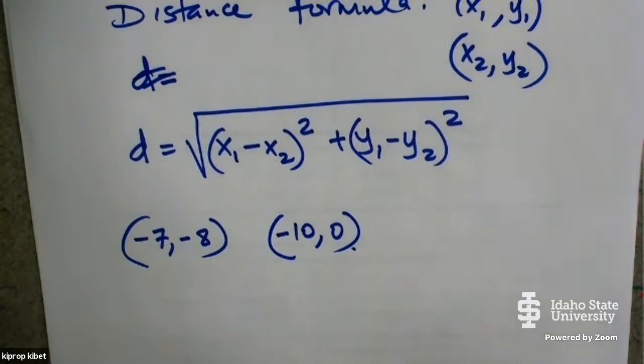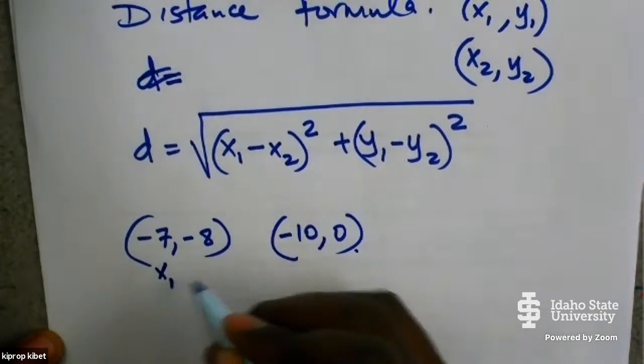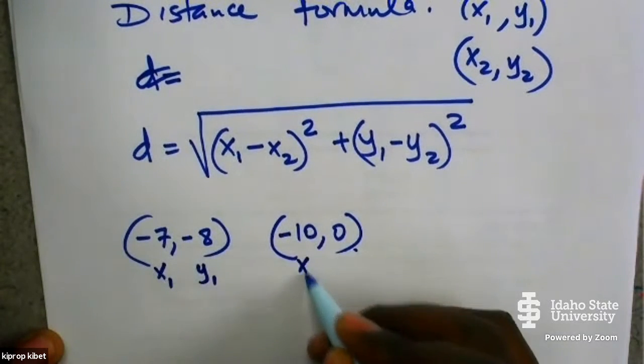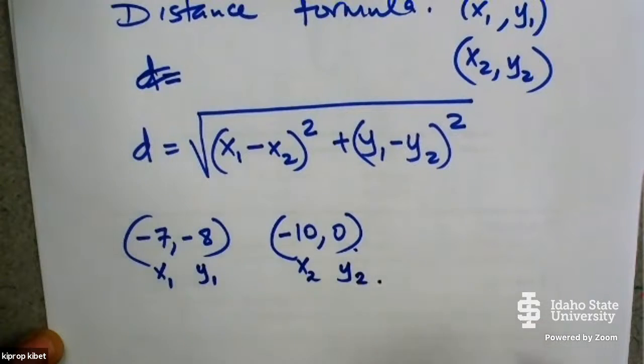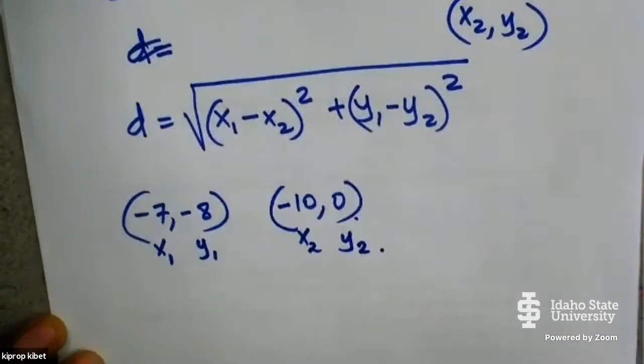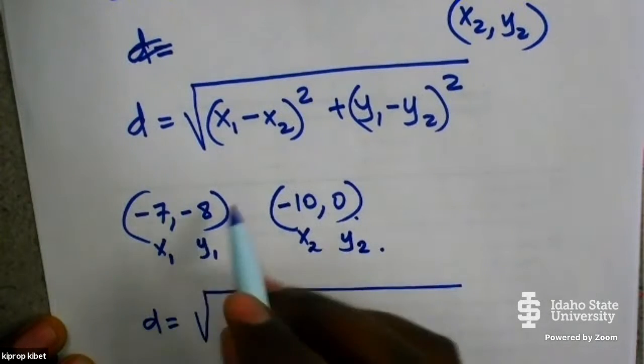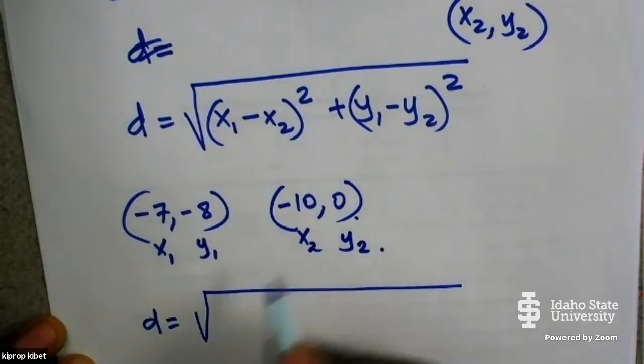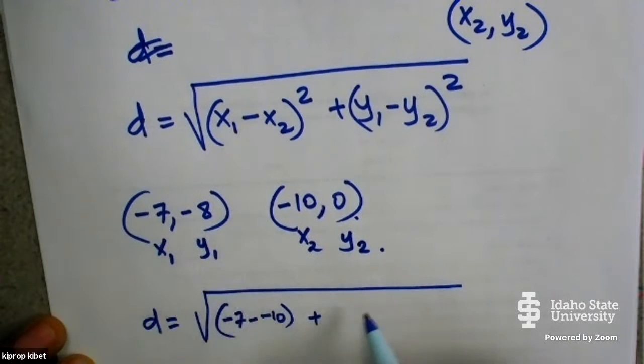Then we know that this is x1, this is y1, this is x2, and this one is y2. So applying the formula, d will be the square root of (x1 minus x2), so (-7 minus -10), squared, plus (y1 minus y2), (-8 minus 0), squared.